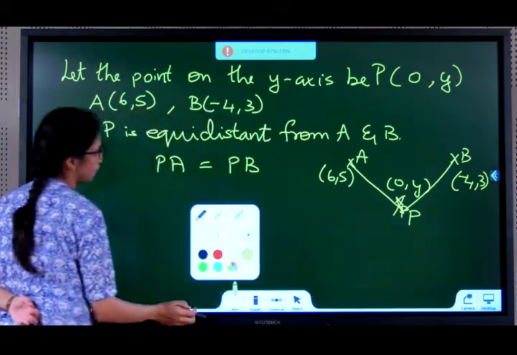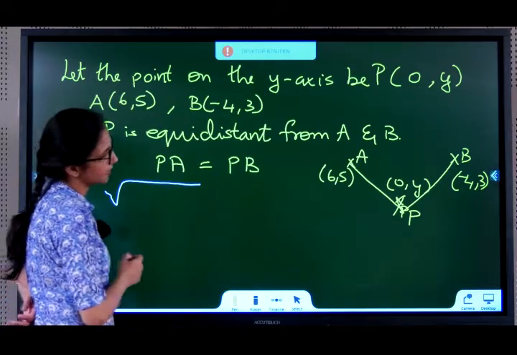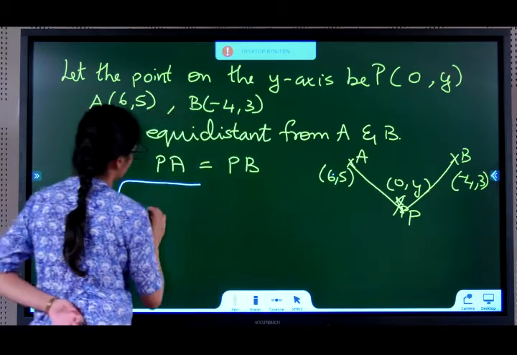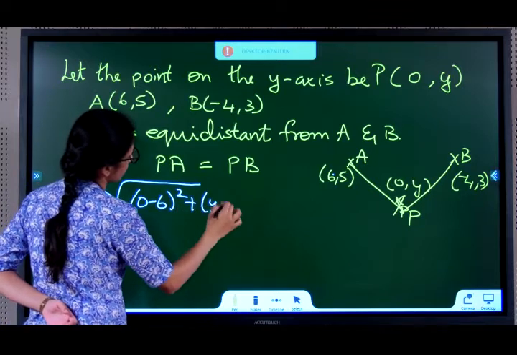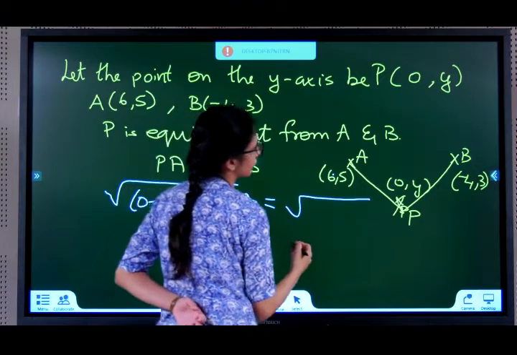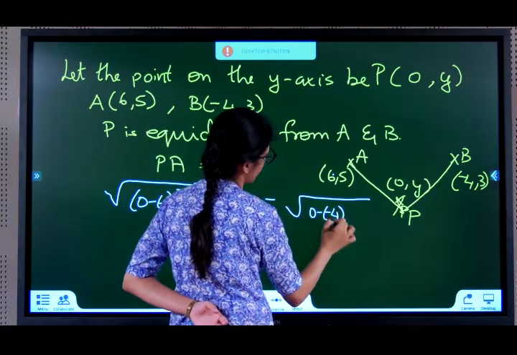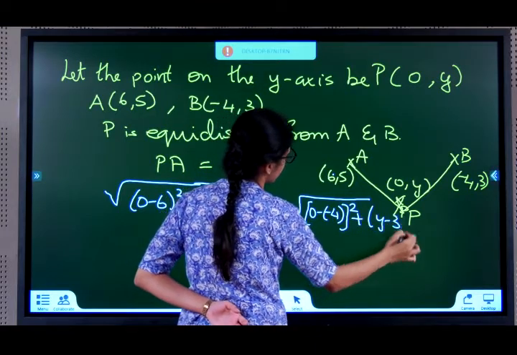Here one is known, so you can find the other. Root of PA, x2, y2, x1, y1: 0 minus 6 the whole square plus y minus 5 the whole square is equal to root of 0 minus minus 4 the whole square plus y minus 3 the whole square.